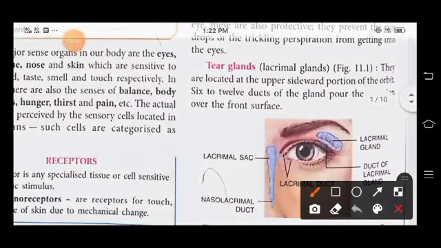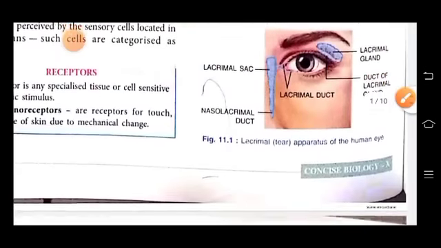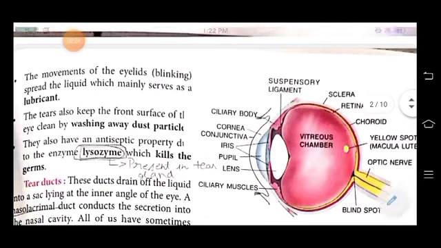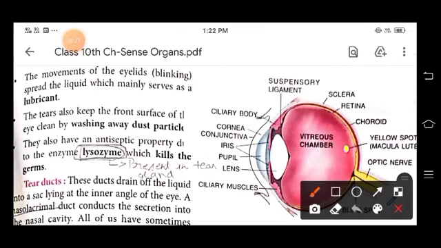So here see the lacrimal gland, then here is the lacrimal duct, then this is the lacrimal sac and the nasolacrimal duct. Now the movement of the eyelids spreads the liquid, and this liquid serves as a lubricant in the eyes.